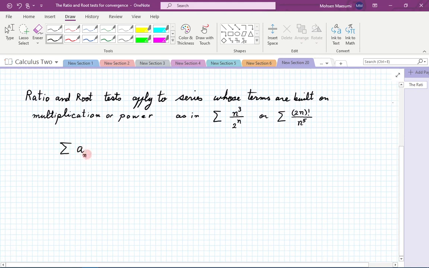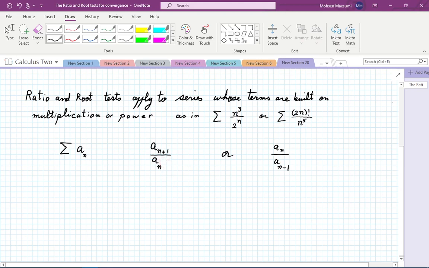I'm going to take consecutive terms. So consecutive would mean, for example, a n plus 1 to a n. If you wish, you can write a n to a n minus 1. Okay, so this is the next term, that is the previous term.